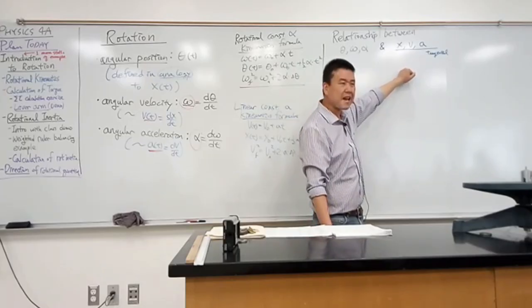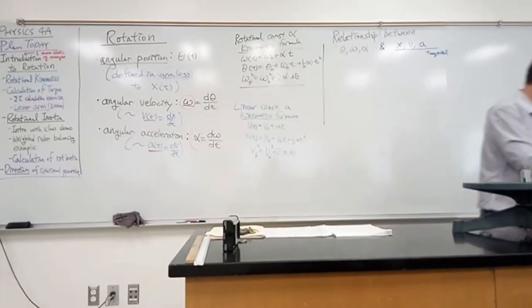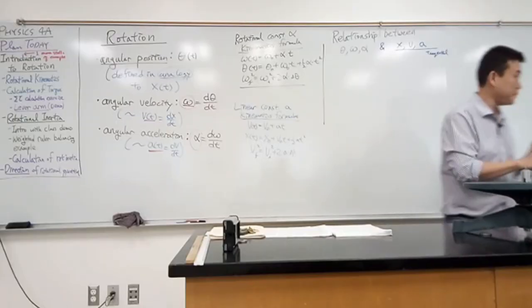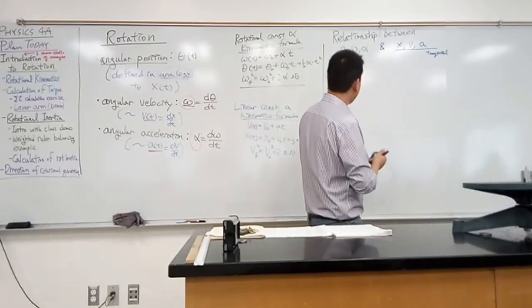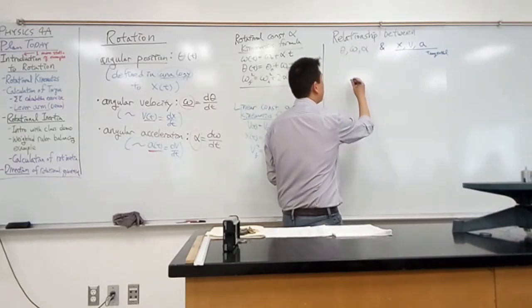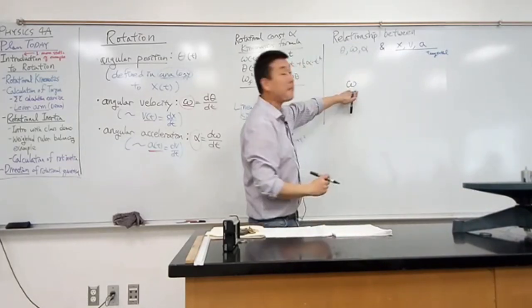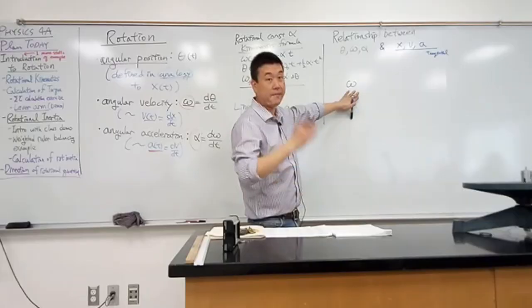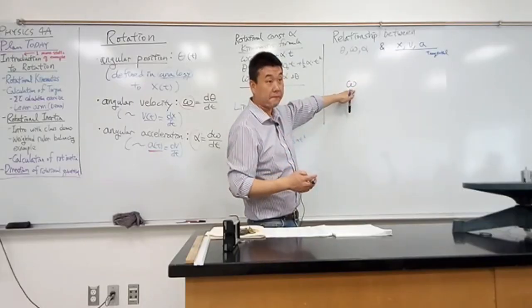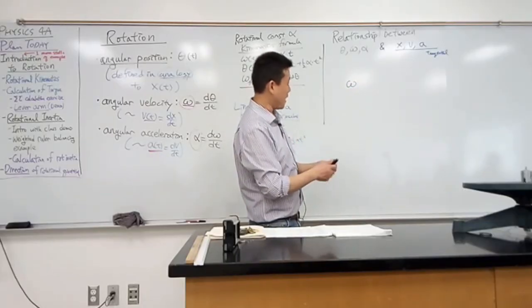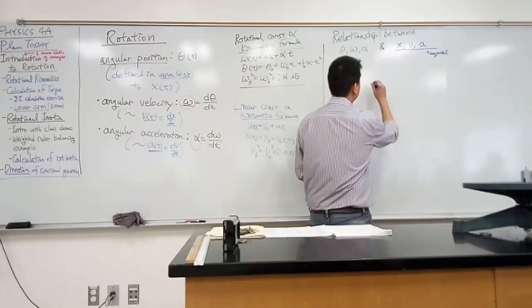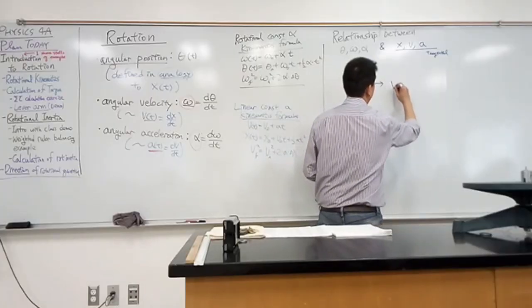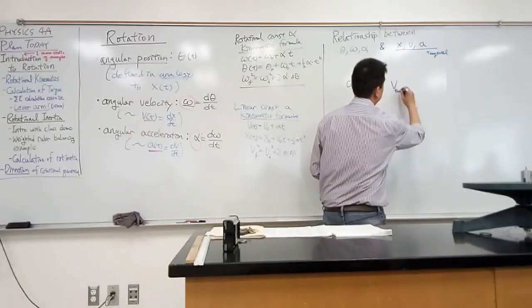So let's start out with the velocity. I think that's the one that comes up most often, so maybe it's the most useful. So let's say I know angular velocity somehow. It's given to me, I calculated it, I measured it. Somehow I know omega. And from omega, I want to be able to calculate what the tangential velocity is.